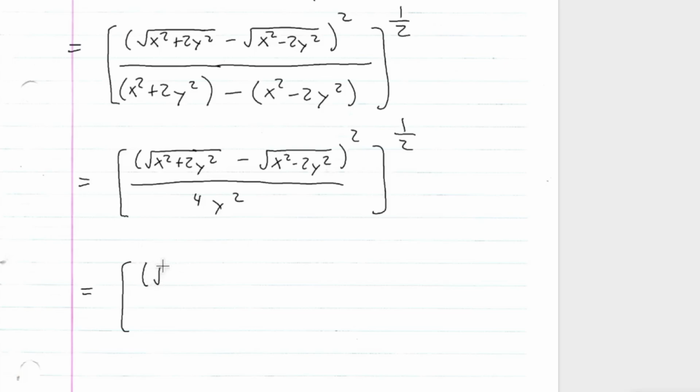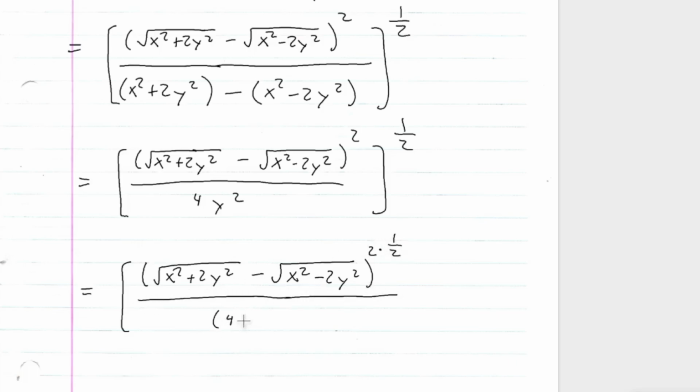So this is going to be the square root of x squared plus 2y squared minus the square root of x squared minus 2y squared, raised to the 2, and then times 1/2, over 4y squared raised to the 1/2. We can actually not have this anymore.